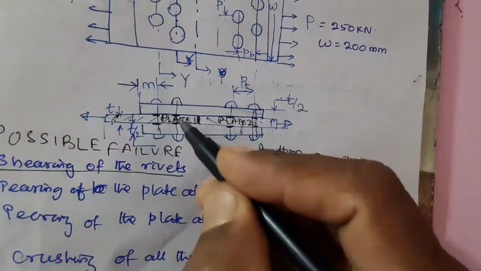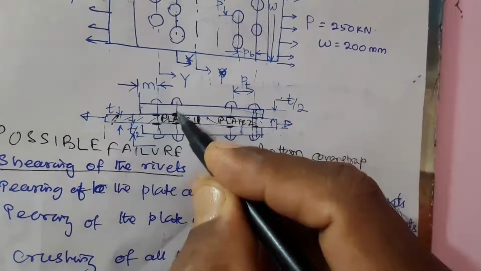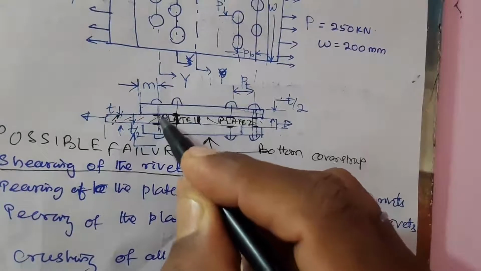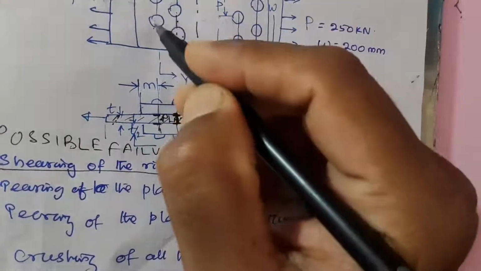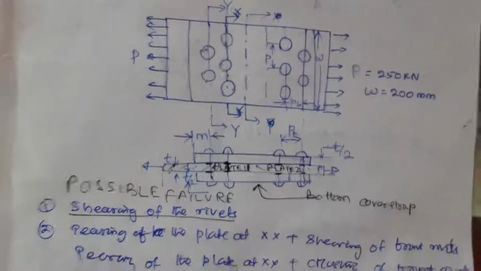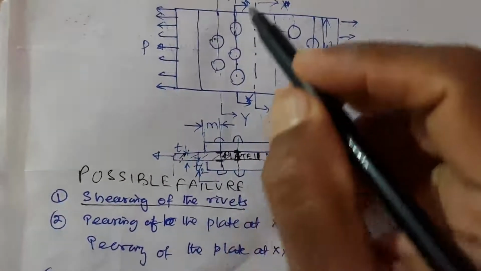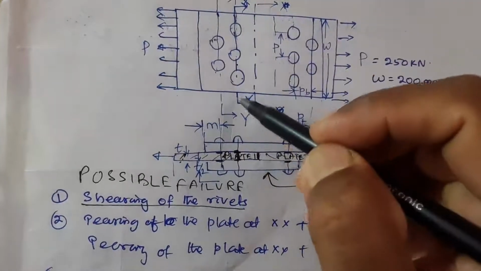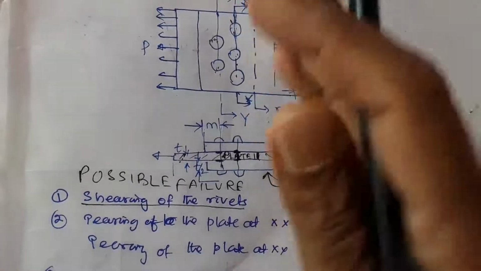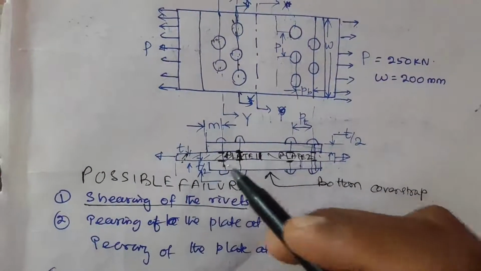Because if you see, if there is tearing of the plate here, still this plate 1 will be retained by the front two rivets at this location. So to completely take this plate out, if the tearing is taking place at this location, because there are 3 holes, the front rivets have to fail, otherwise it will be retained.